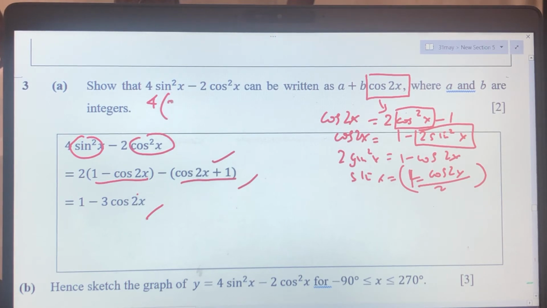What is this? 1, sorry, my handwriting is terrible. So 1 minus cos 2x over 2. Then minus 2 cos square x. This will give me 2 here, so you multiply 2.